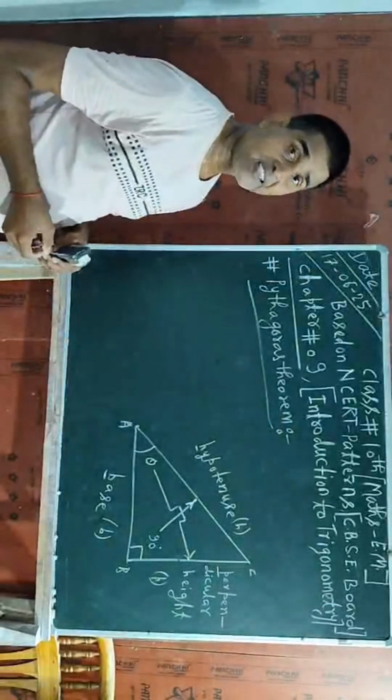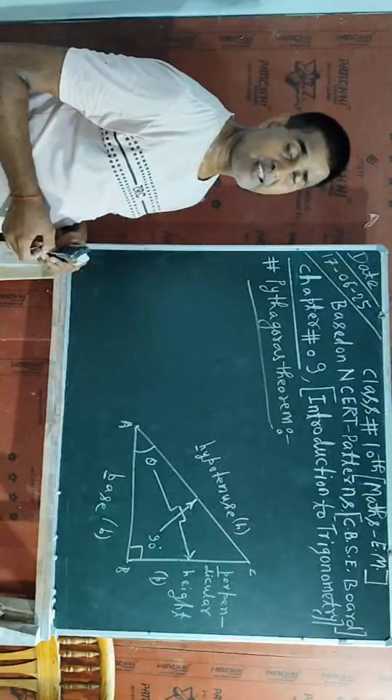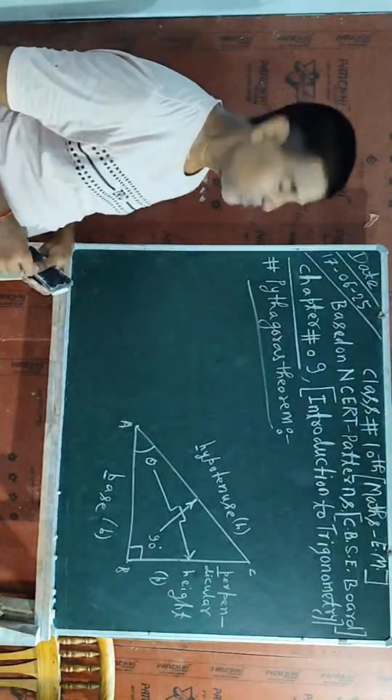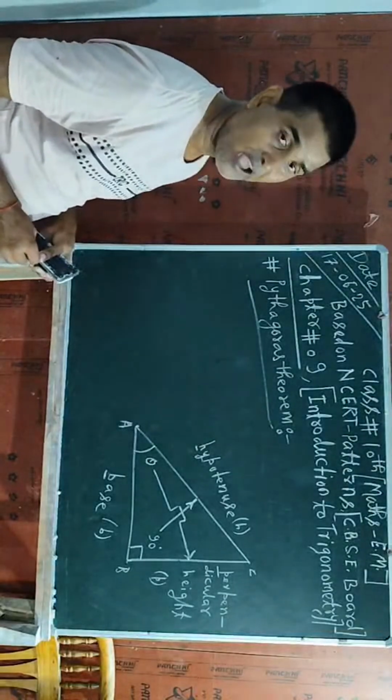A triangle has 3 angles, and one angle will be 90 degrees and the other 2 angles will be acute angles. So in a right angle triangle, Pythagoras theorem can be applied.